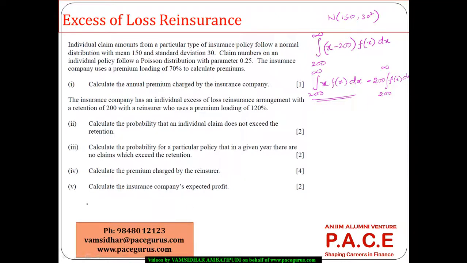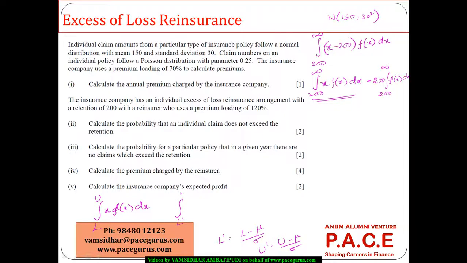In case of a normal distribution, if you recollect, x f of x dx integrated between some L and U, we have simplified it by using that special property for a normal distribution. We have actually computed L dash and U dash, where L dash comes out as L minus mu by sigma and U dash comes out as U minus mu by sigma.